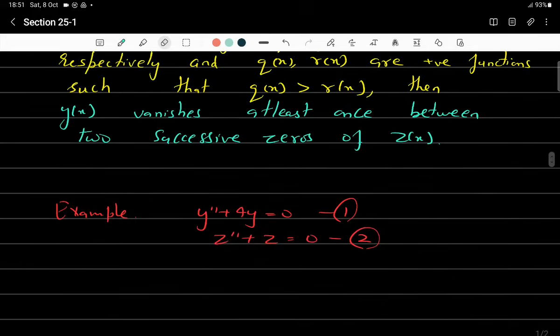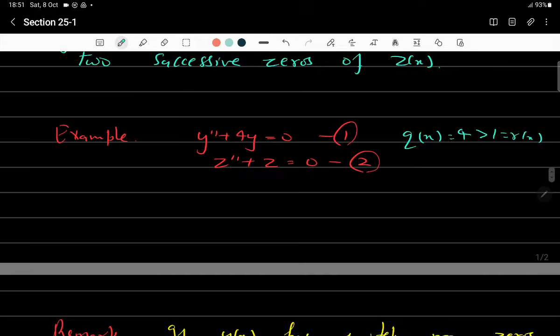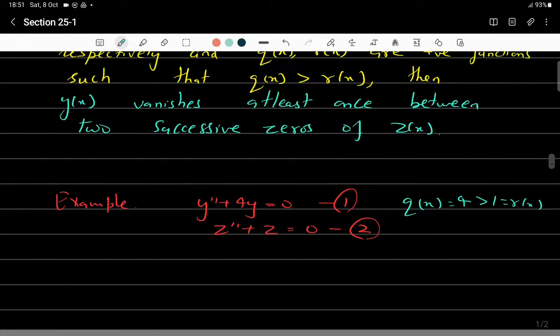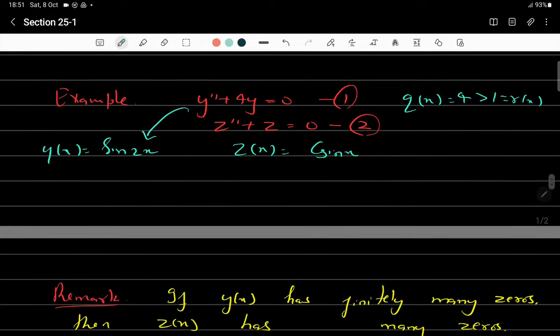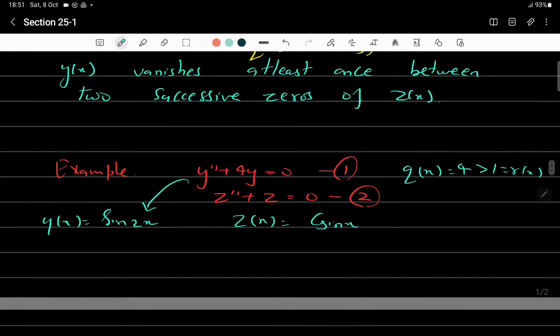So first consider an example. Here q(x) is 4, which is greater than 1, which is r(x). So it is saying y(x), which is any non-trivial solution of equation 1, let's say sin 2x, and z(x) is sin x, vanishes at least once between two successive zeros of z(x).